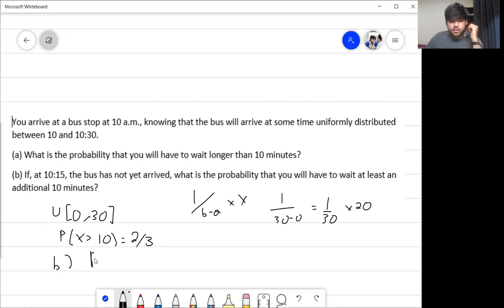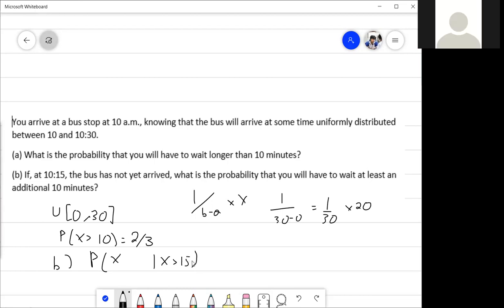They're saying find the probability that you wait at least an additional 10 minutes, conditioned on the fact that it's already been delayed 15 minutes. You have to see if it goes till 25, because it will go more than an additional 10 minutes. Everything okay?